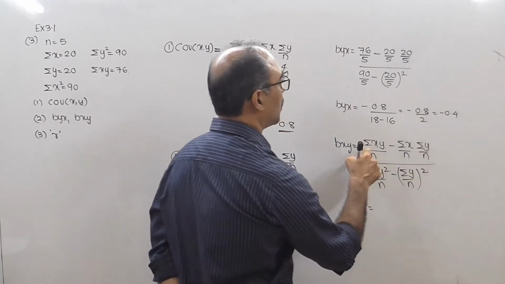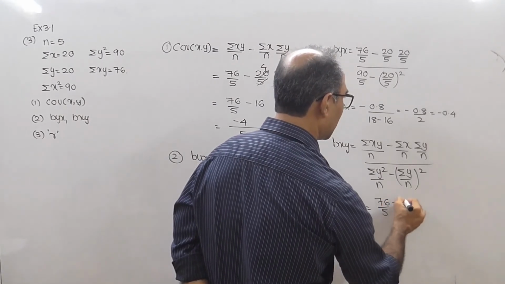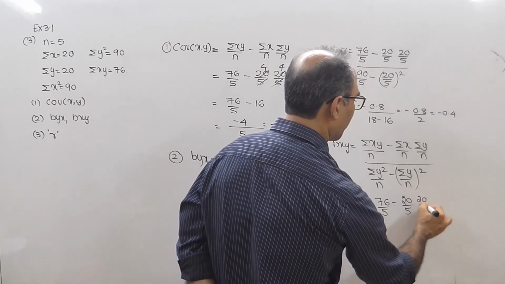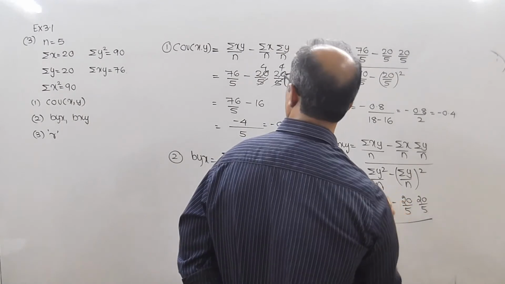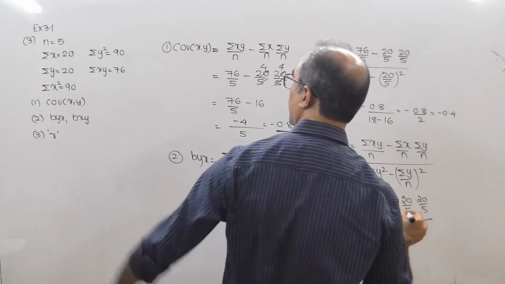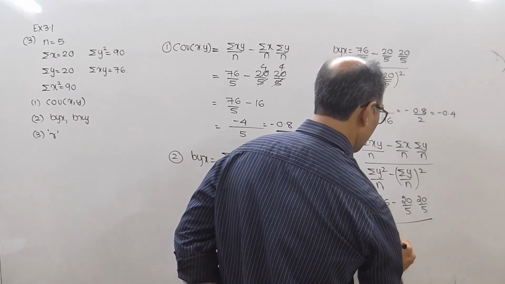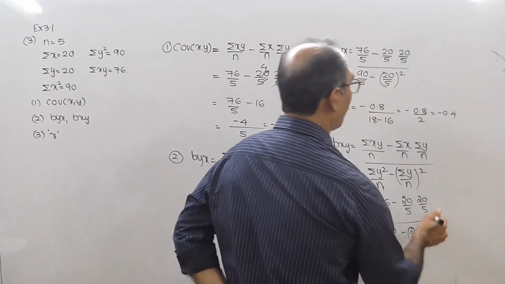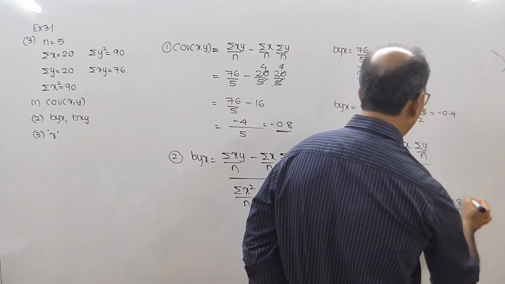So ये जो sigma xy upon n, which is 76 upon 5 minus 20 upon 5, 20 upon 5, the whole upon sigma y square, 90 upon 5 minus 20 upon 5 the whole square. I think this is minus 0.8.